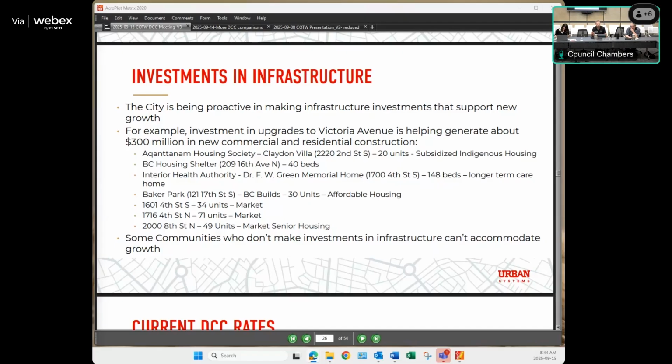So when it comes to impacts to Victoria Avenue from a construction perspective, this project will no longer be in the Victoria Avenue. So even though that sewer project is expected to continue, it won't have the same impacts on that road.